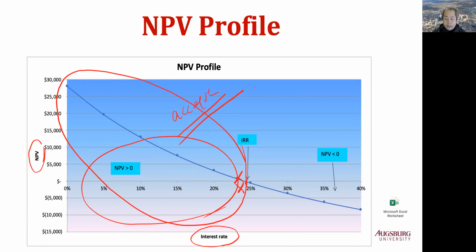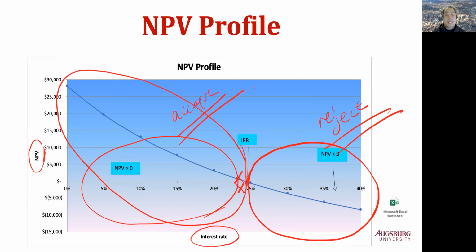How about the right-hand side? Their NPVs are all negative, which is rejection zone. In that case, IRR is less than discount rate. Therefore, the decision from IRR should be consistent with that from NPV.